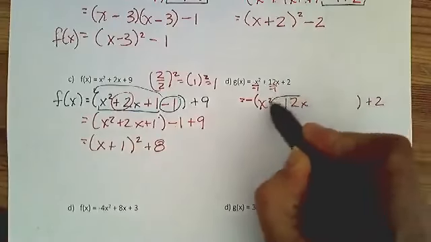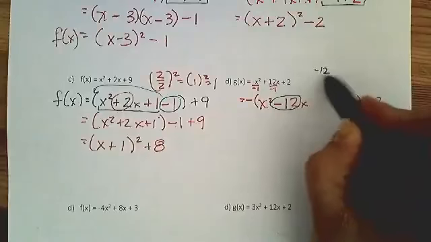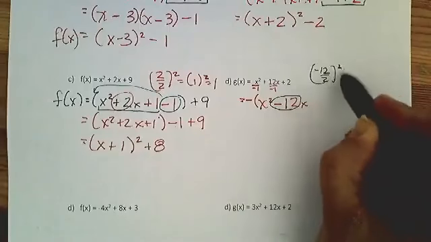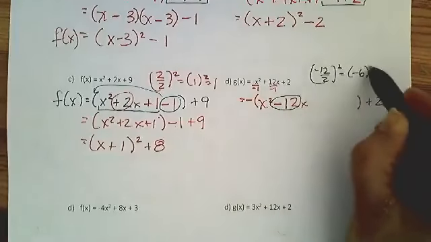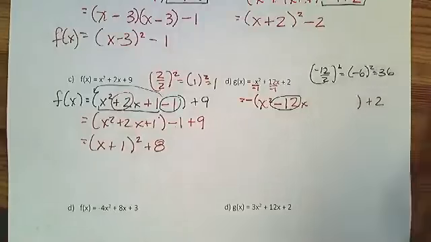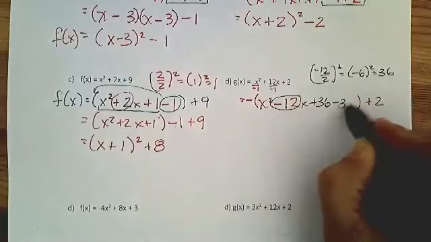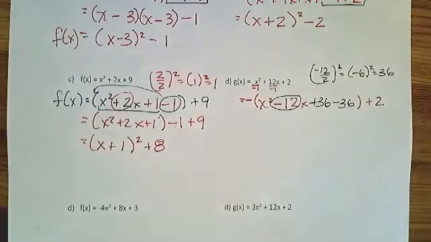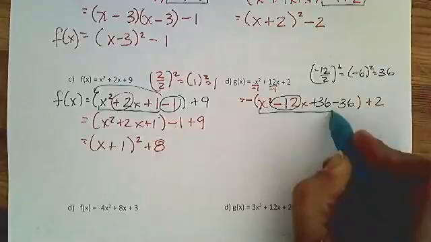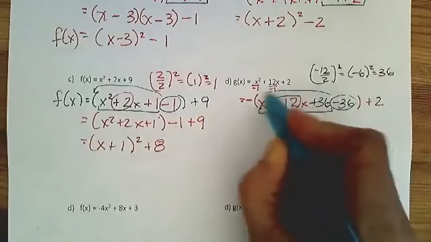We take the B term, we divide it by 2, and we square it. So we'll have -6 squared, which is 36. We're going to add that into our bracket and subtract it. Here's our perfect square trinomial. So we'll take this to the outside.